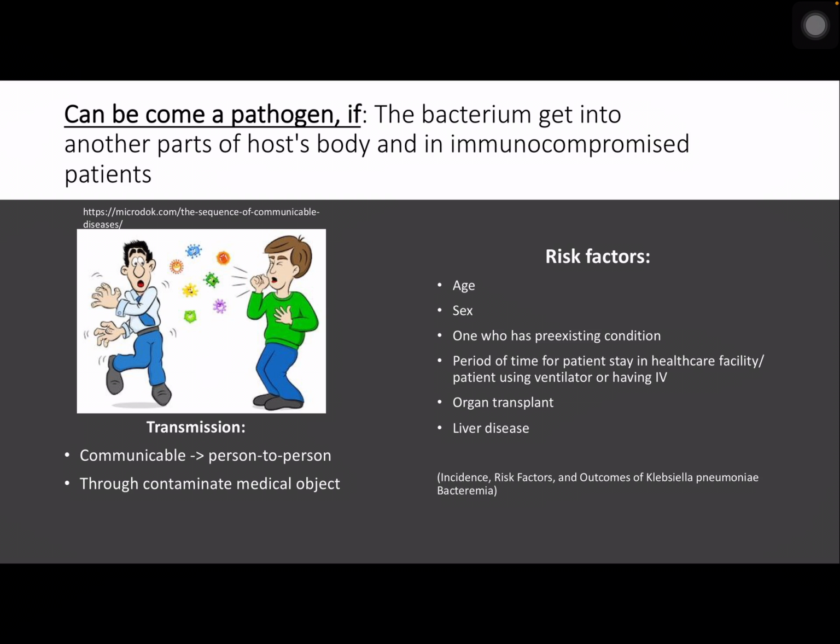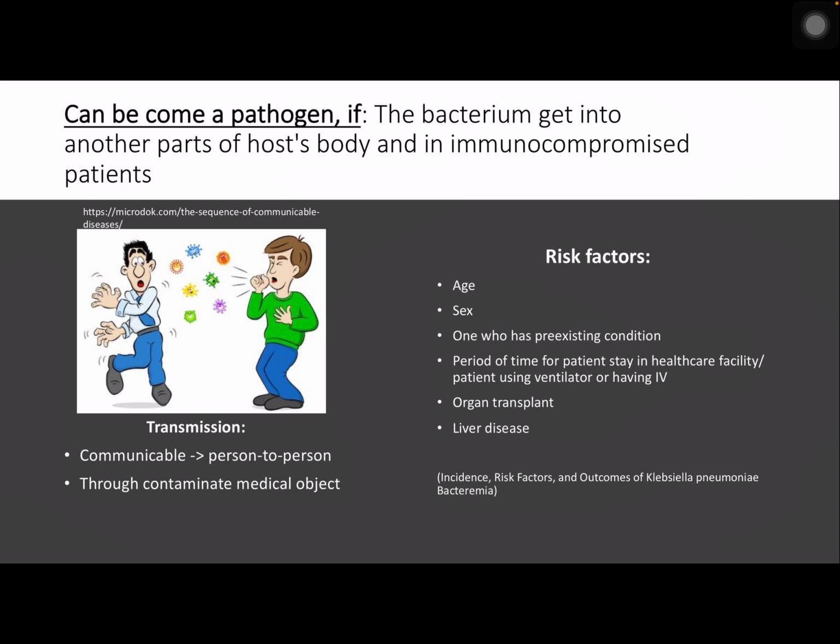Klebsiella pneumoniae infection is a communicable disease which can be transmitted from person to person and through contaminated medical objects. There are several risk factors that can lead to a higher chance of getting infected by Klebsiella pneumoniae. It's believed that people of advanced age are most likely to get the infection.